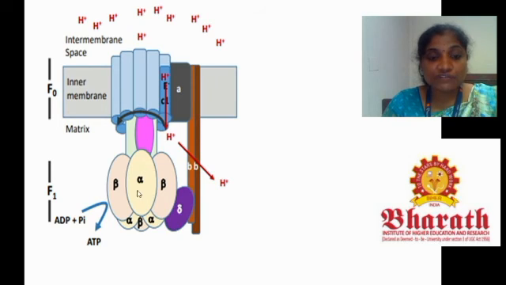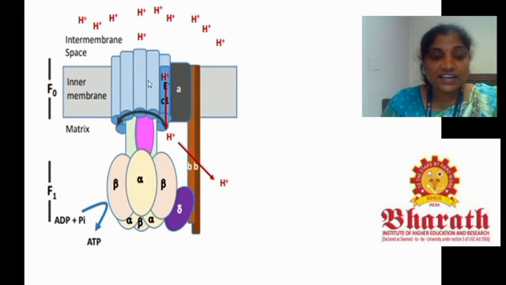The alpha and beta subunits are joined to the B subunit by the delta subunit. In the middle, the axle has two subunits, the gamma and the epsilon, and these two subunits join the F0 and the F1 motor. They play an important role in rotating the F1 motor also.